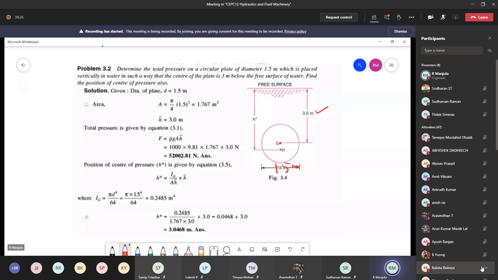Find the position of the center of pressure also, because the center of gravity is due to this plane surface.